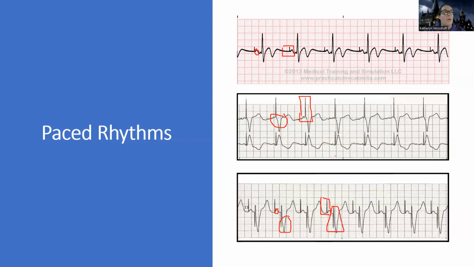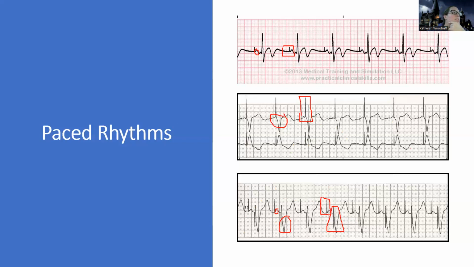What I would expect for a paced rhythm is spikes before the P wave and or the QRS, a wider QRS, and some sort of electrical activity after that spike. If there's a whole bunch of spikes and nothing coming after them, that's a problem.